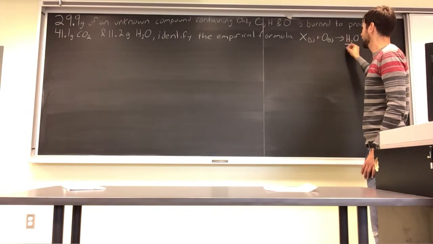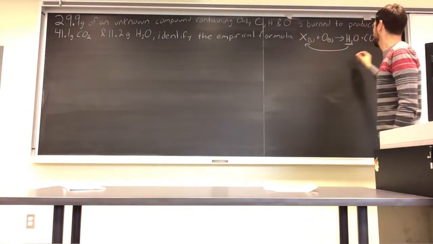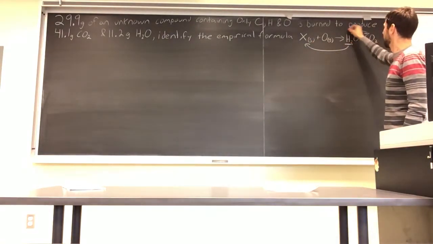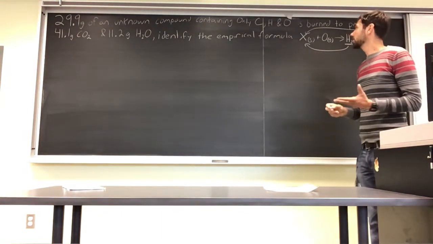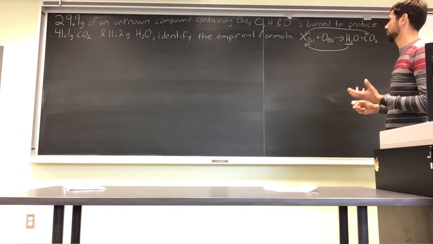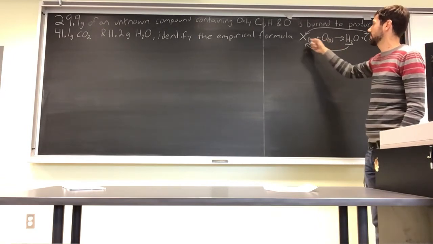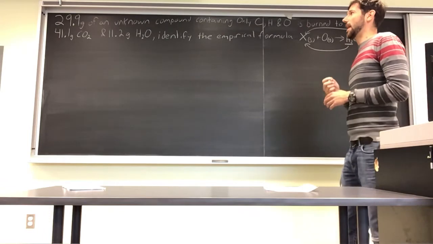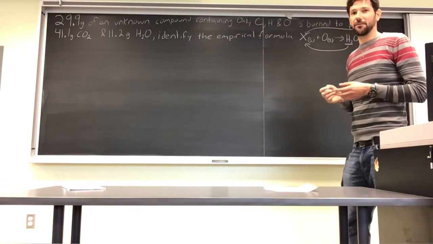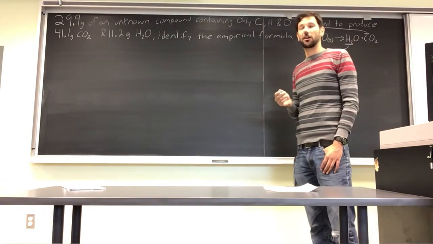The only source of hydrogen is the unknown compound. We know where carbons come from. The only source of carbon is the unknown compound. And oxygen came from both, potentially. It could have come from this oxygen as well as from the unknown compound. So we're going to find out how much hydrogen and how much carbon we have in a slightly different way than we'll figure out our oxygen.